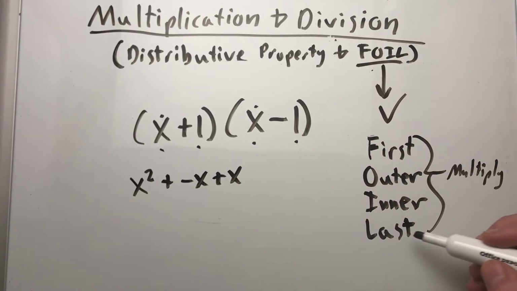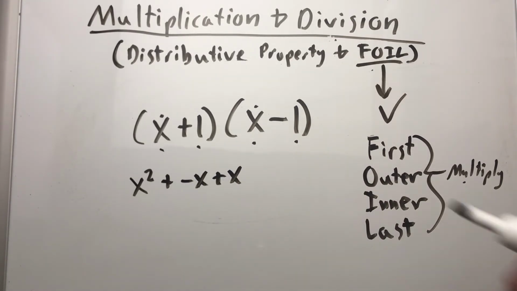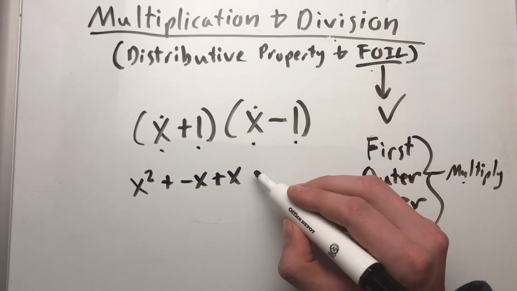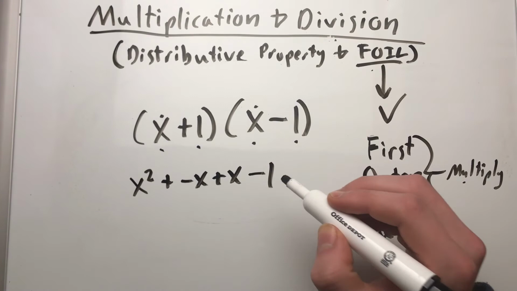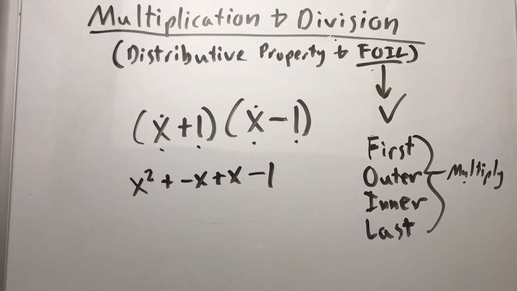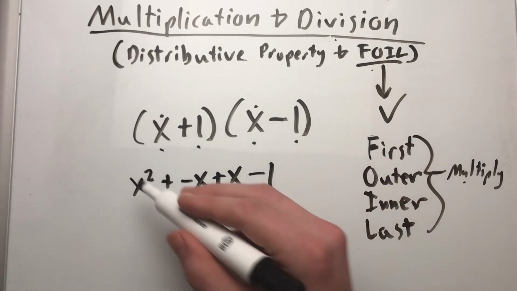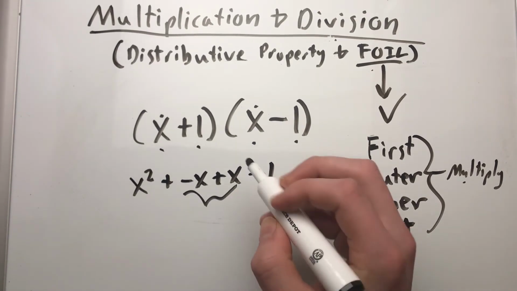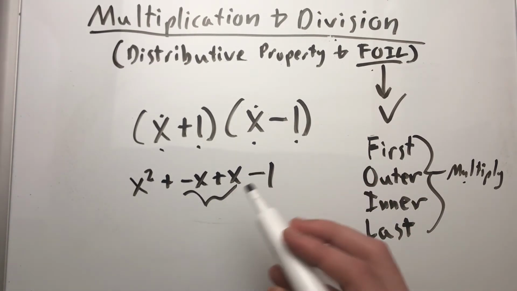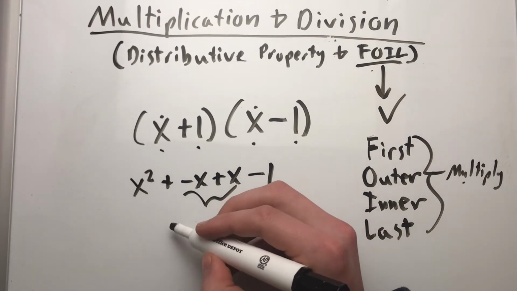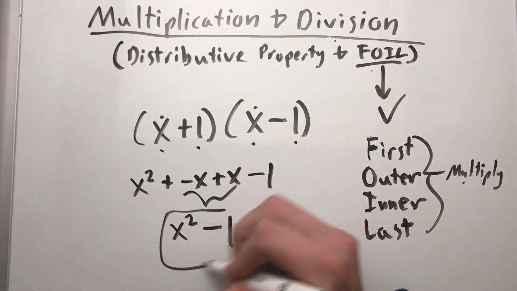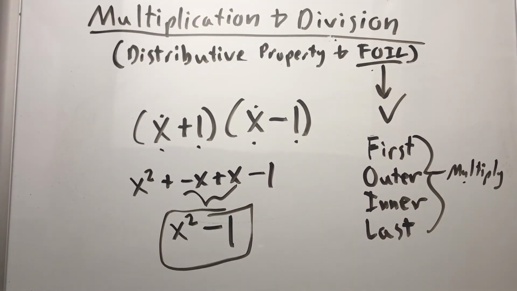And then finally, we multiply the last terms, +1 and -1, which gives us -1. And then from here, we simplify by combining those two like terms. A negative x and a positive x are 0, and we are left with x squared minus 1 as our final answer.